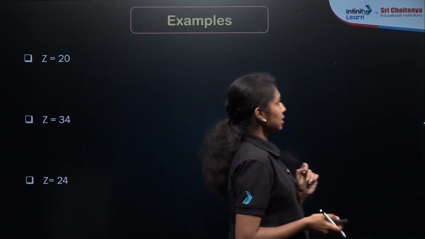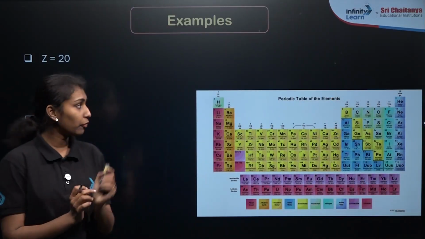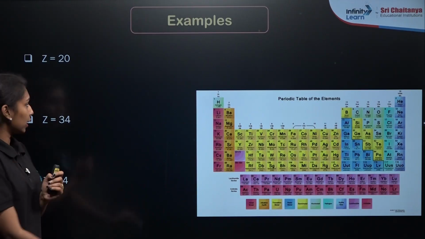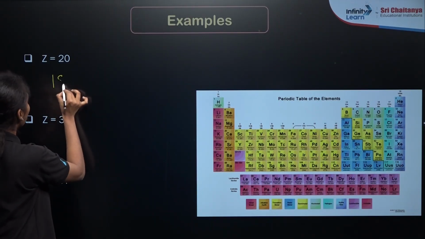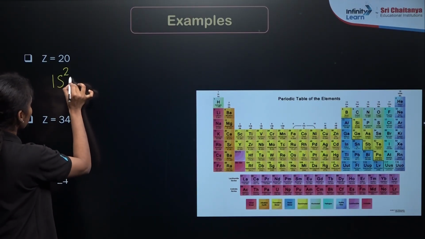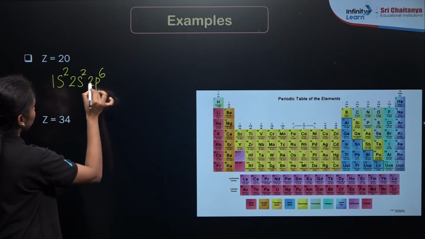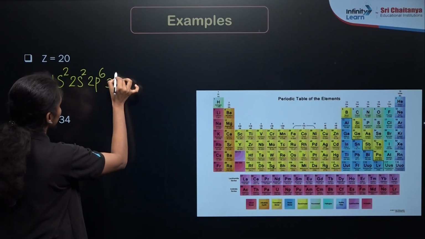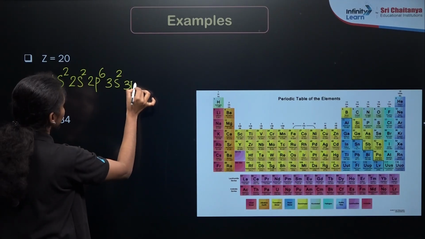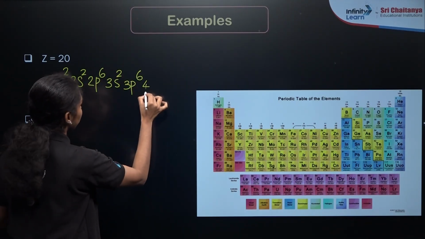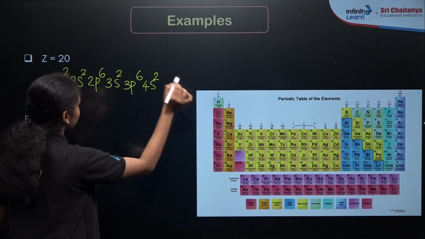Let us discuss this with an example. Suppose I take the element with atomic number Z equal to 20. What we need to do is write the electronic configuration. It is 1s2, 2s2, 2p6, and so on.